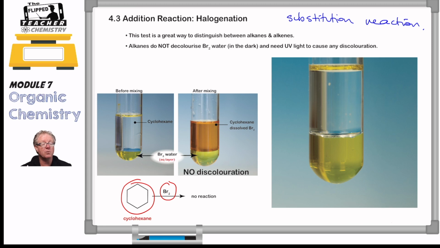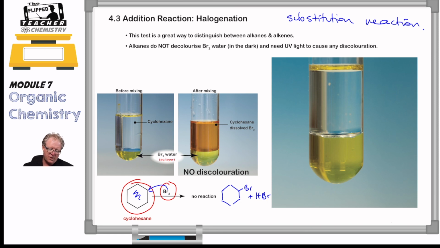Remember, in this dot point, we're looking at all the addition reactions of unsaturated chemicals. Well, this is a saturated chemical, being an alkane, but it will undergo a substitution reaction if UV light is present. Okay, and so what happens is one of the bromine substitutes for a hydrogen, and then we end up with something like this, Br plus HBr.